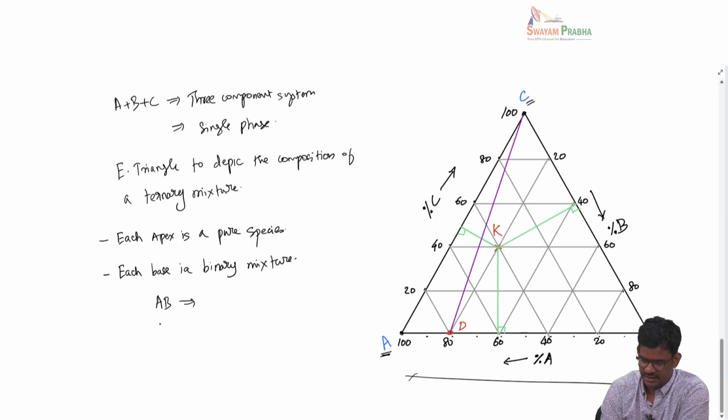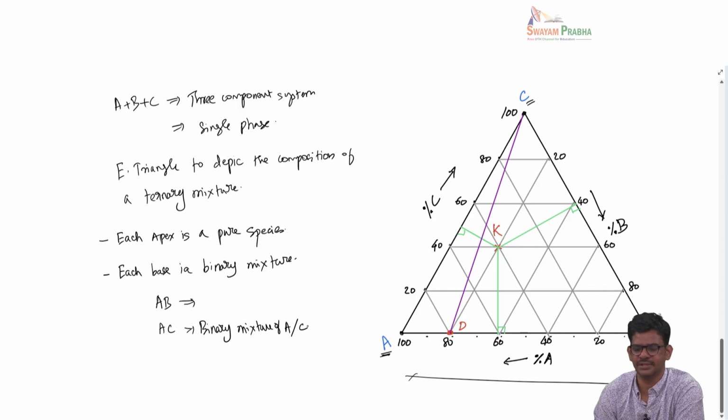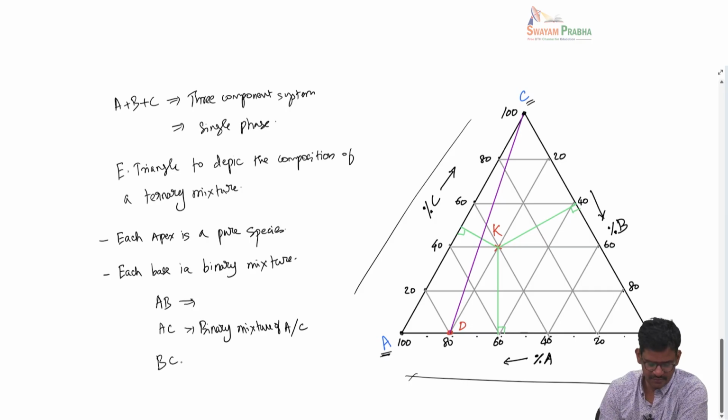And if I take AC, this is a binary mixture of A and C only. No B present along this baseline here. Any point along this base contains only A and C. Similarly, BC is a binary mixture of B and C.